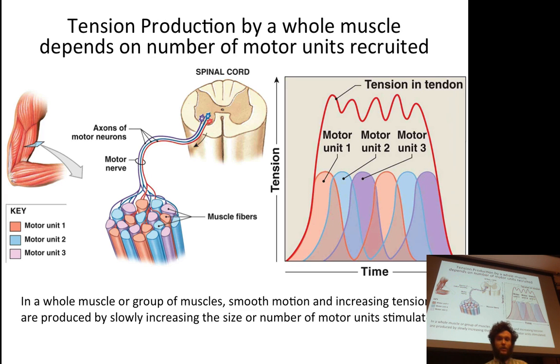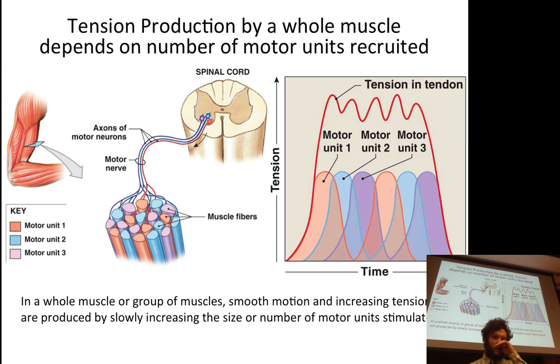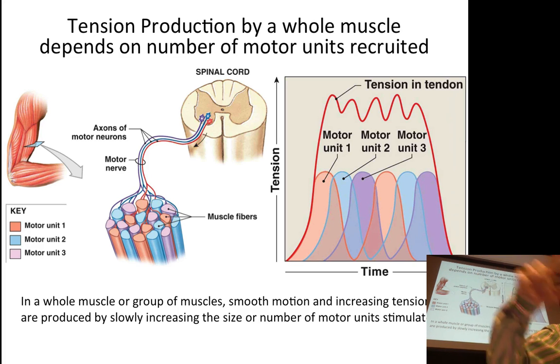All right. So now, moving from a single muscle cell onto a whole muscle, how do we get a variable amount of tension in a whole muscle? Well, there's this notion of a motor unit. A motor unit is an ensemble of multiple muscle fibers that are under the control of a single neuron.